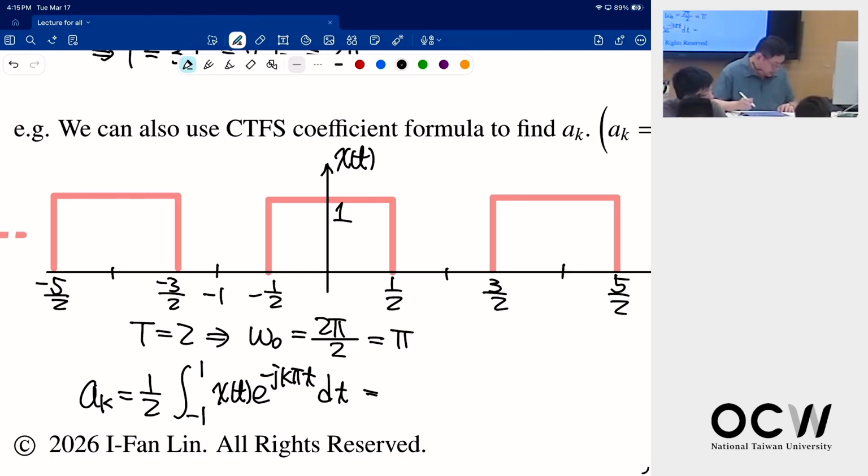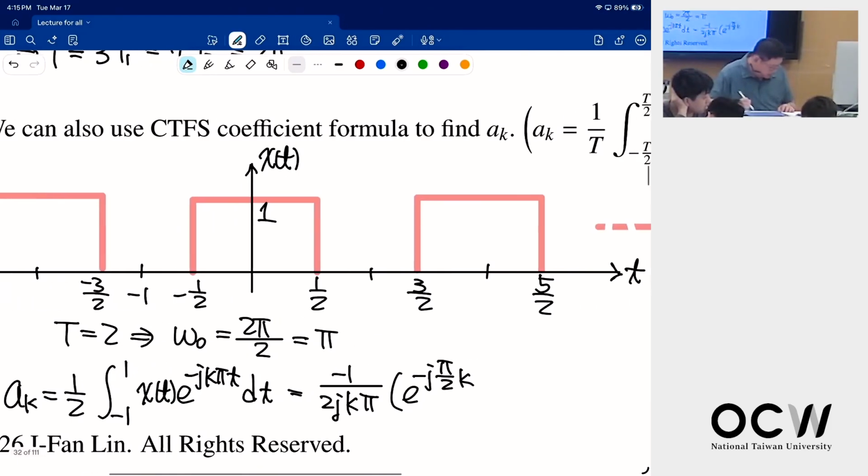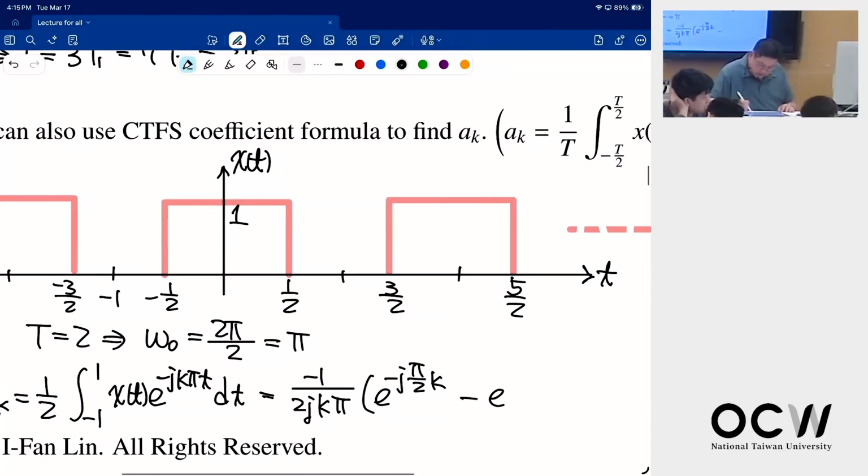You have minus 1 over 2jk pi, e to the minus j pi over 2 k minus e to the minus j pi over 2 k.